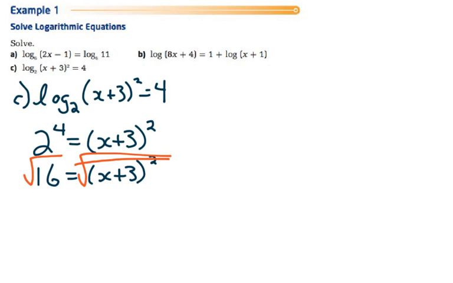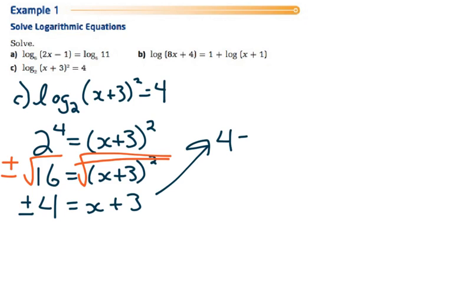But don't forget, when you put a square root into an equation, you need to have plus or minus with it. So then it works out, we have plus or minus, the square root of 16 is 4, and that's going to equal x plus 3. And at this point, we can split this into two separate equations.